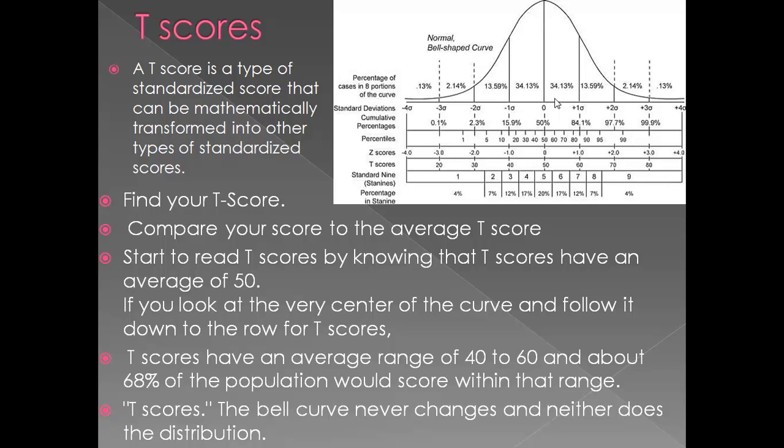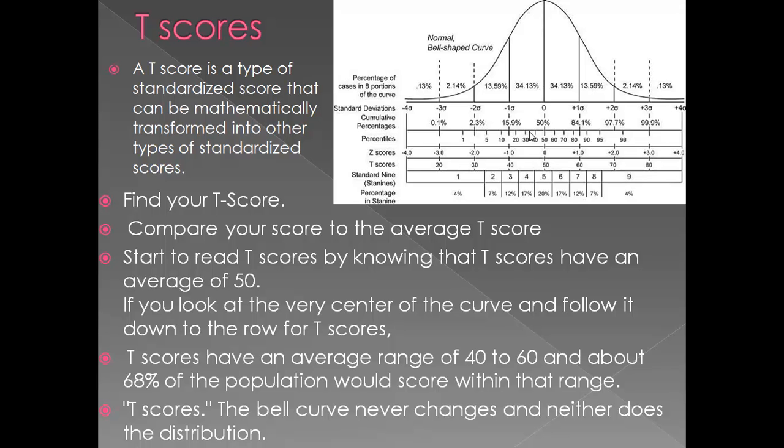Now you know that it has an average of 50. You look at the very center of the curve and follow it down the row for the t-score. So here we are, and we're going to come down here and find our t-score, and it's going to be at about right here. And then you know that t-scores have an average range of 40 to 60.